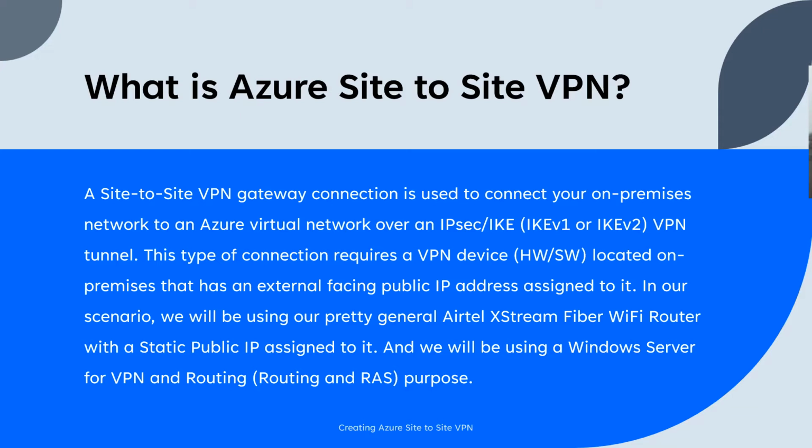By the nature of a dynamic IP, it is pretty much recommended to have a static IP for your on-premises Wi-Fi router. So we'll be using a static IP, and we'll be using a Windows server for VPN and Remote Routing and Access purposes. Moving on to the next.